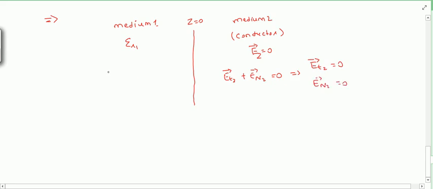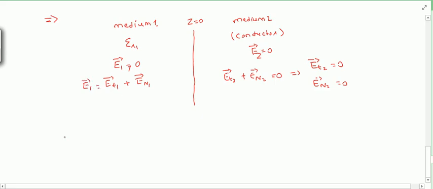Now here in the medium 1, the electric field is E1, which is not 0. Here also one tangential component plus one normal component. It is actually medium 1, so I should write Et1 and En1. This is equals to E1.